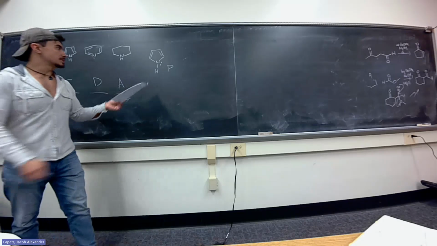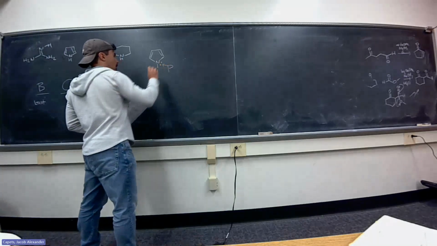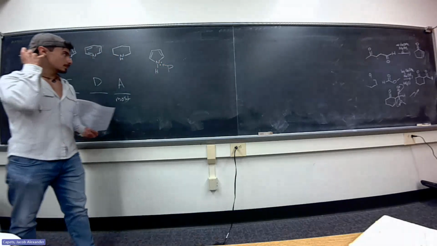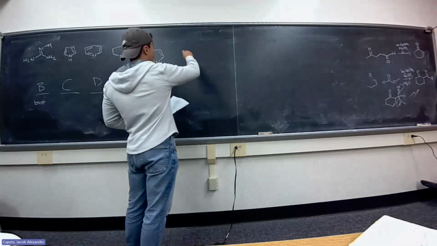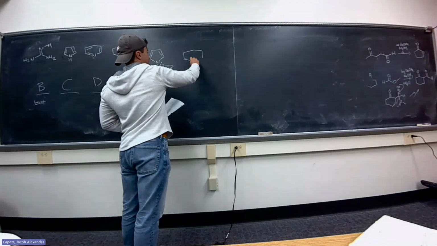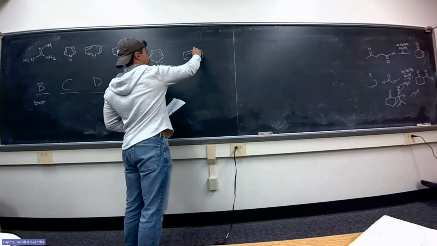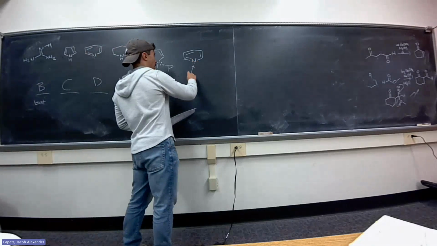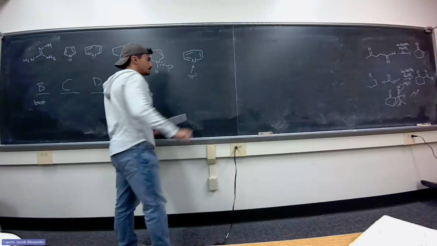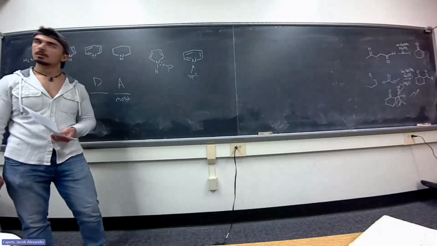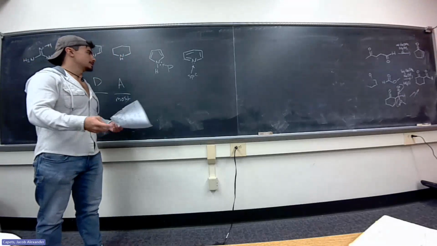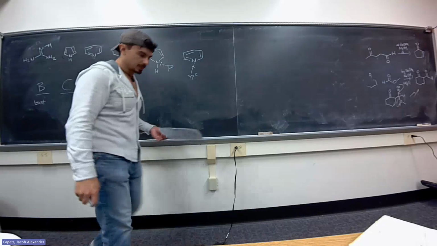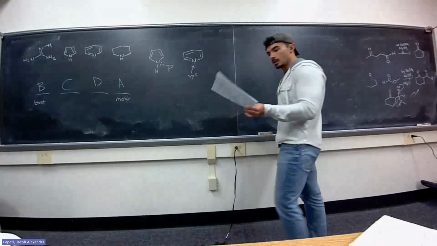So this lone pair is in a p orbital. That one is not in a p orbital. It's just three electron domains, sp2.